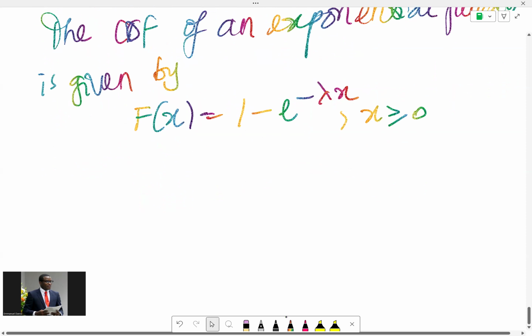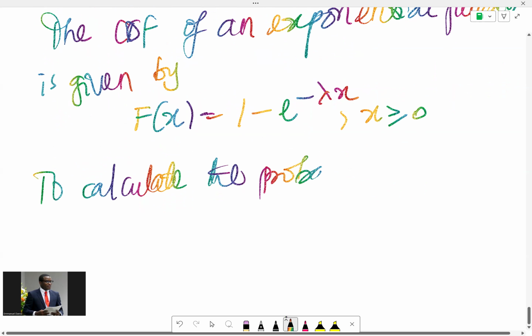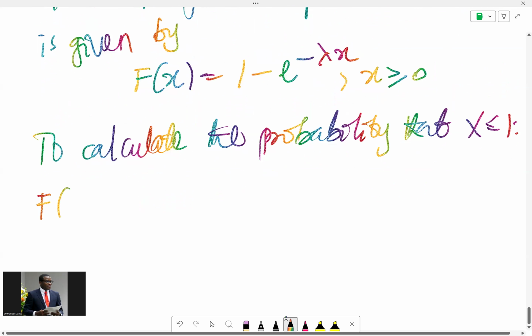So now to calculate the probability that x is less than or equal to 1, that's more like we're looking for F of 1. So that will be 1 minus e raised to the power minus 2 times 1.